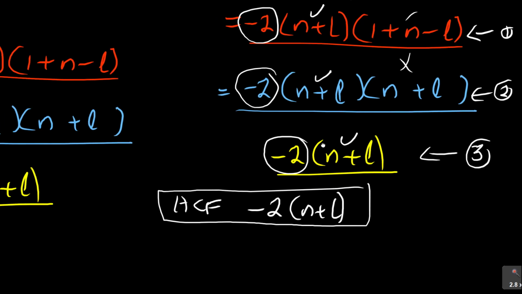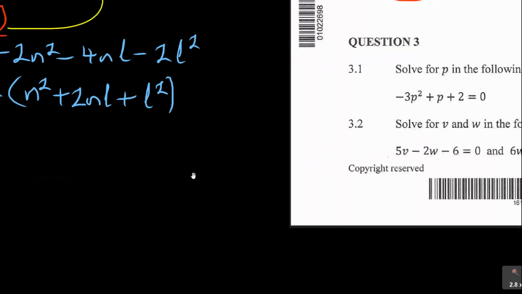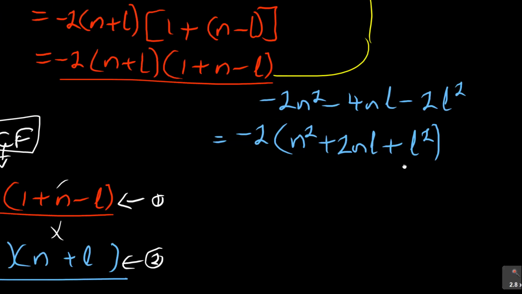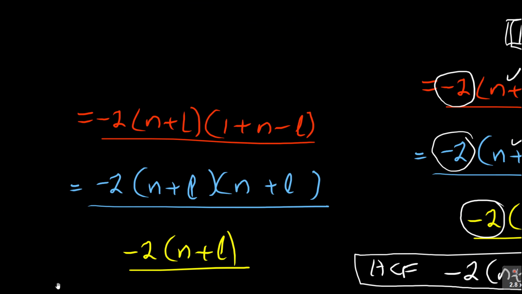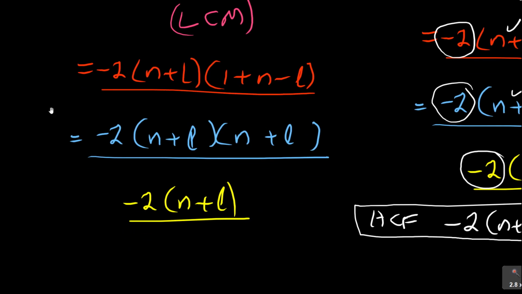Then come here, they said LCM. Remember, now the LCM I'm going to use is here to say what is the LCM. Now the LCM is the lowest common multiple. On this lowest common multiple, this is how you do it.